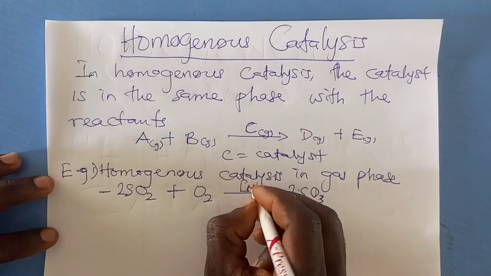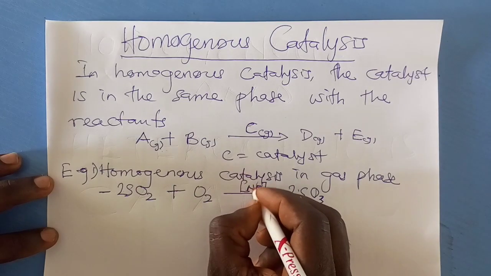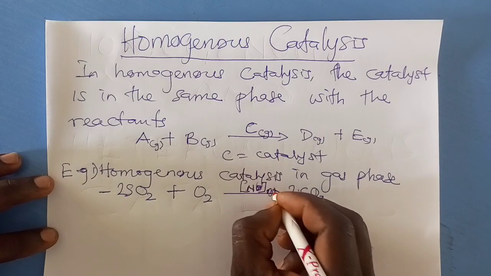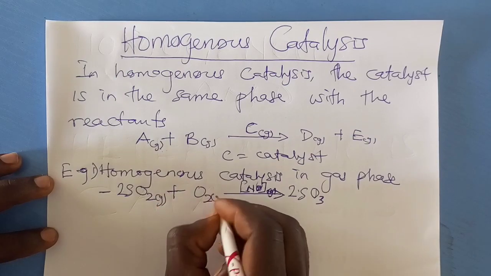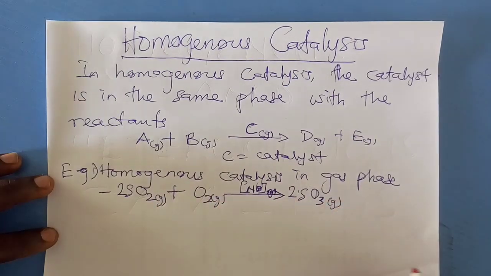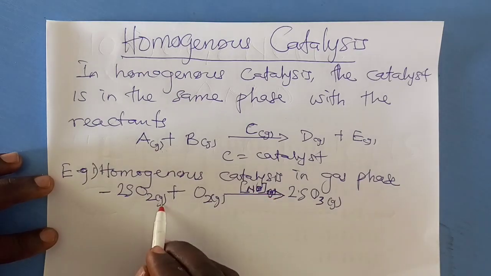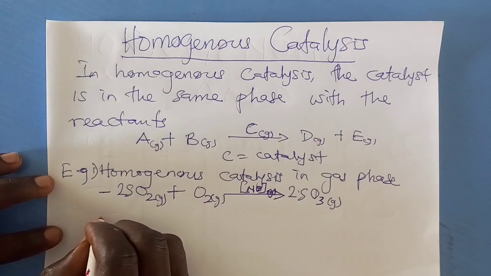This reaction is catalyzed by nitrogen(II) oxide, which is in a gaseous state. You can see that the catalyst, nitrogen monoxide, is in the same phase as the reactant. This makes it a homogeneous catalyst.